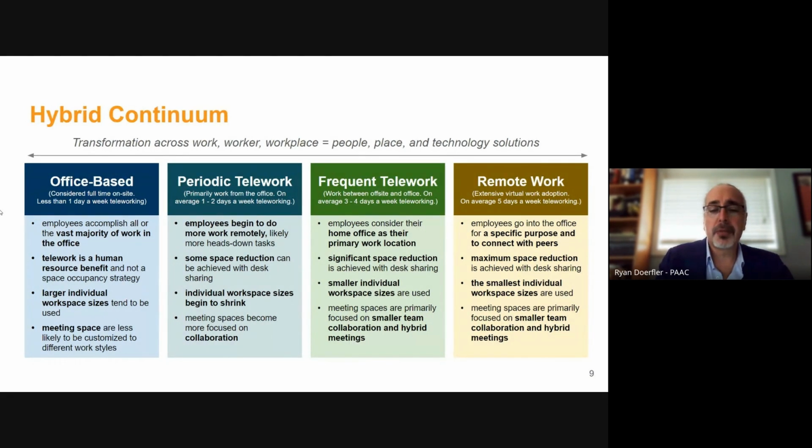At one end of the spectrum, you see there in blue, office-based employees, pretty much in the office all the time, maybe working from home 1 day a pay period. Definitely need some space. At the other end of the spectrum, you have the remote workers, hardly ever in the office. Think of 2 or 3 hours every 2 weeks, popping in, visiting some of their colleagues, and then leaving. They don't need a lot of space, and of course, everything in between as well.